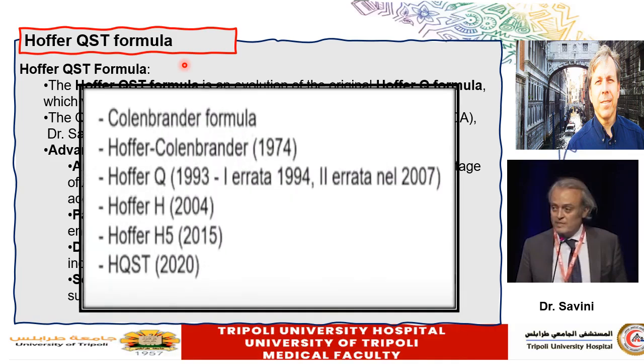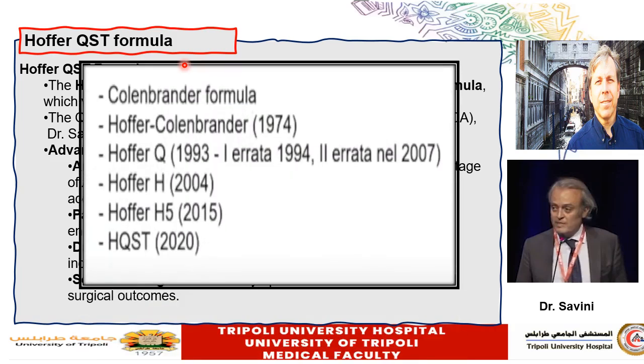As you know, the Hoffer formula has gone through various stages of evolution, from the traditional Hoffer one in 1974, to the Hoffer Q formula in 1993, then the Hoffer H and the Hoffer H5, and then the Hoffer QST. All are versions of the formula, but this one is the one which utilizes artificial intelligence.